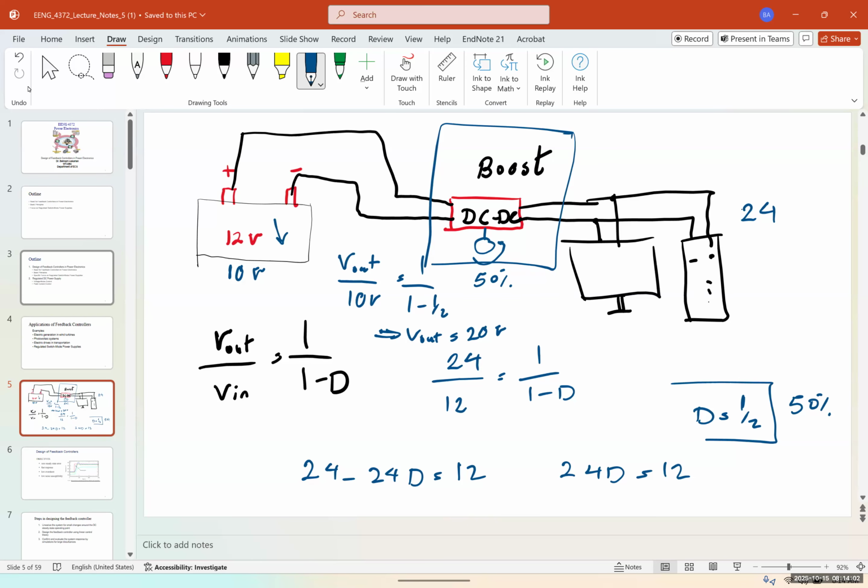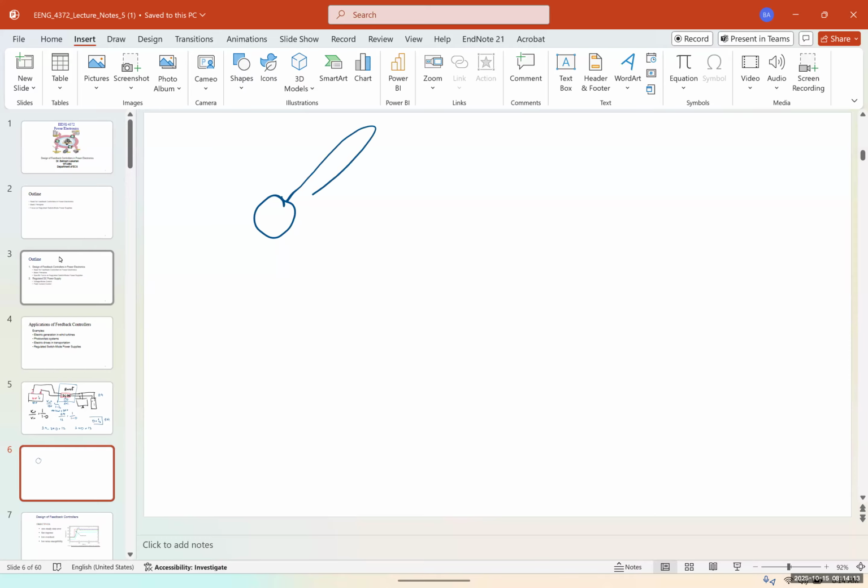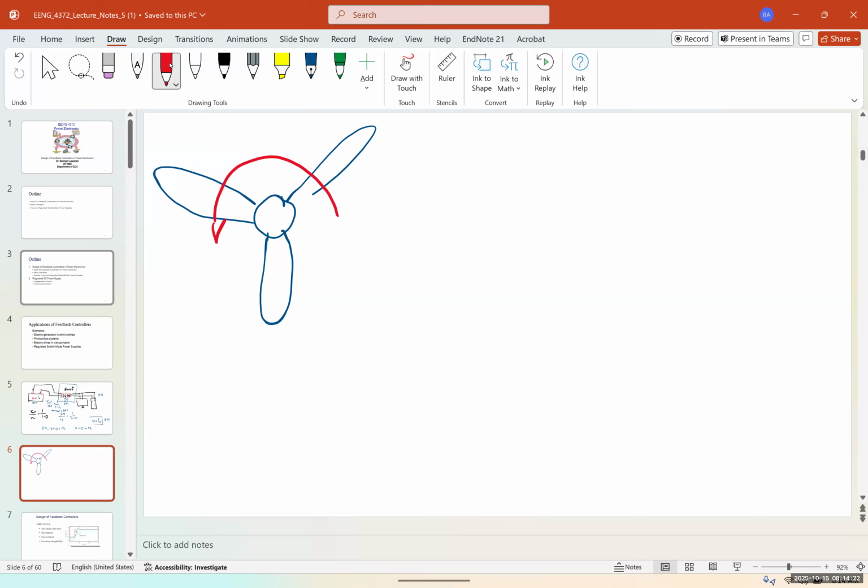And we have the same scenario for a wind turbine as well. Imagine we have a wind turbine or a PV panel that is initially turning at, let's say, 10 rounds per minute, something like that. And when it's running at 10 rounds per minute, it's generating 40 volts, for example.